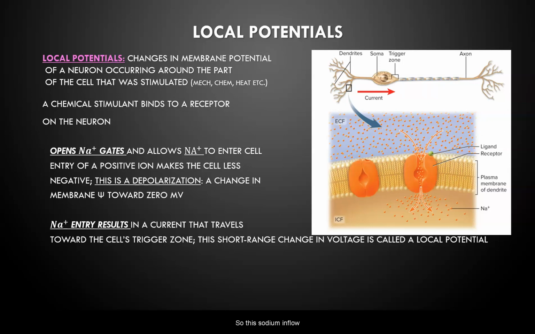This sodium inflow obviously cancels some of the internal negative charge of the intracellular fluid. And so the voltage across the membrane drifts towards zero. So once again, this is called depolarization, when you have a voltage shift to a less negative value. That incoming sodium will diffuse for a short distance along the inside of the cell, and what happens is it creates a wave of excitation. This short-range change in voltage is called a local potential.